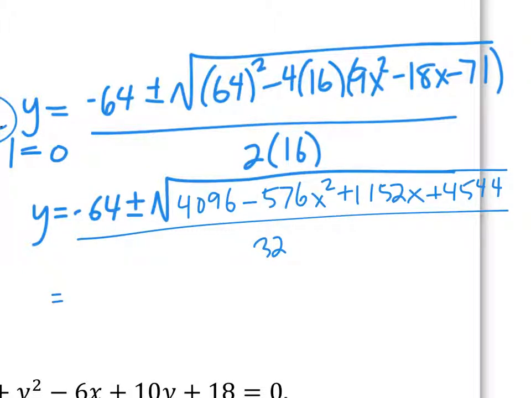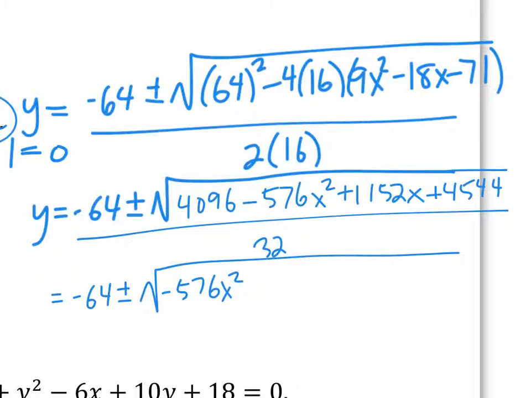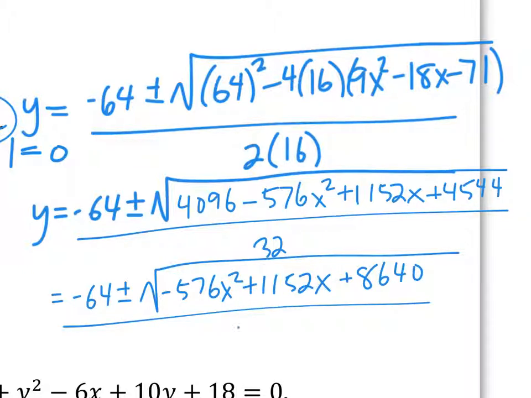All right, combine like terms, and I'm going to put them in order from highest power to lowest power. Negative 576x squared plus 1152x, and then 4544 plus 4096 is 8640, over 32. I think my numbers are correct.